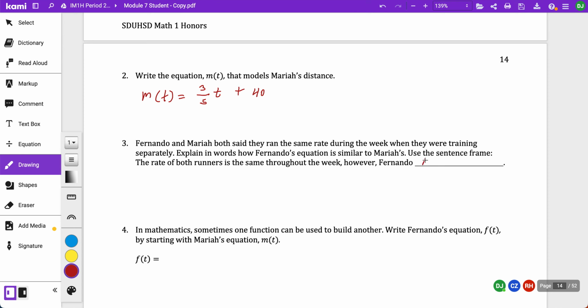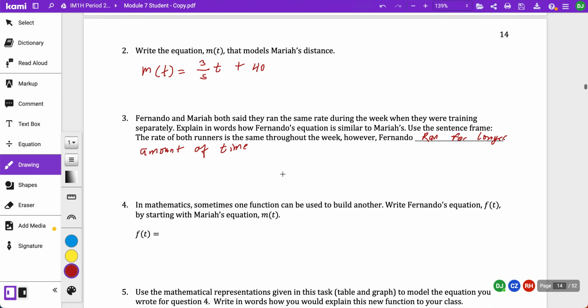So Fernando ran for a longer amount of time. And that makes sense. If he's running for a longer amount of time, but he runs at the same rate, that will make up for the extra laps.